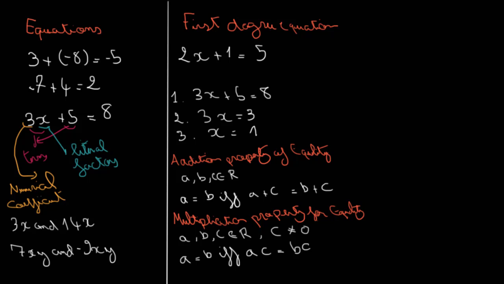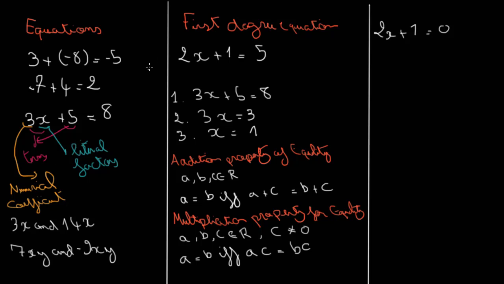Now I'm going to show you some examples. It's very obvious, but just for the sake of this video, we need to add some examples, just to show you how first degree equations are solved. Let me take another one here, 2x plus 1 equal 0.